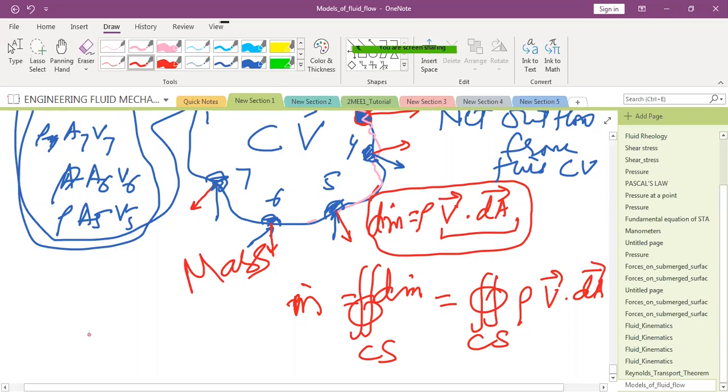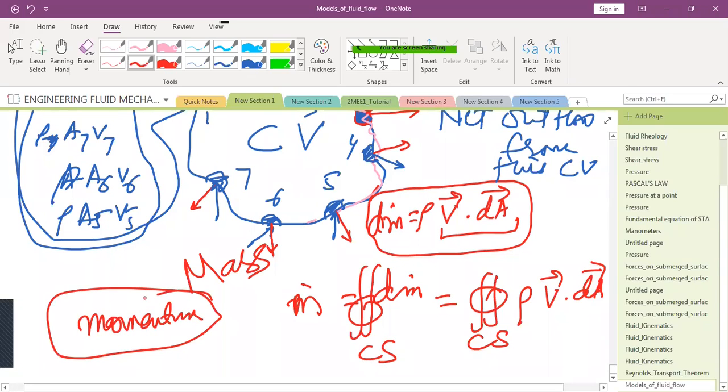If you took momentum, what will happen? By the way, what is small n here in case of mass? 1. What is small n in case of linear momentum?